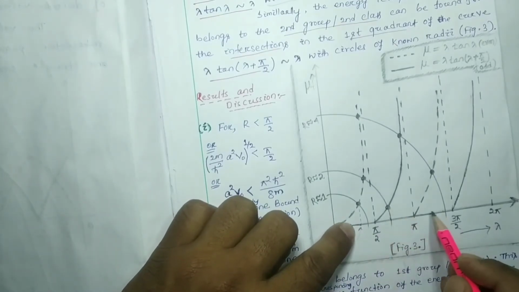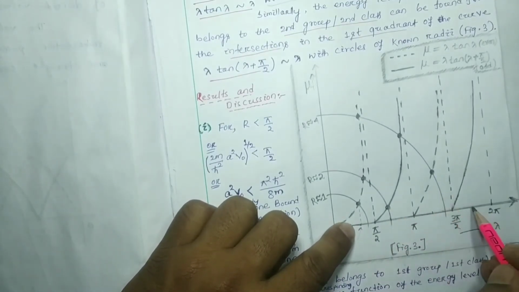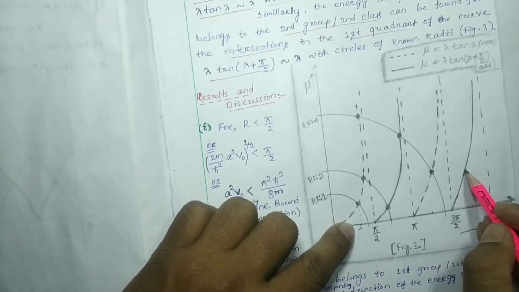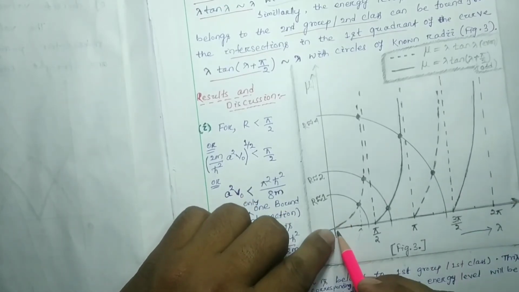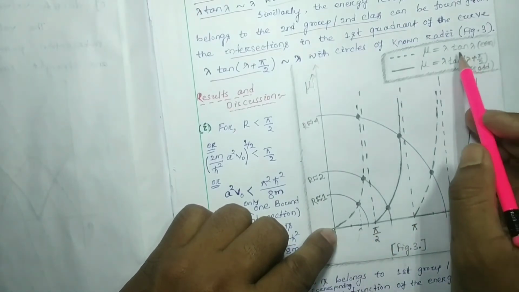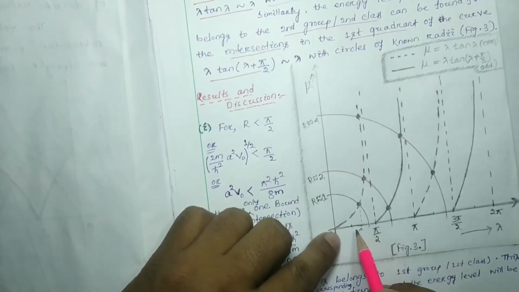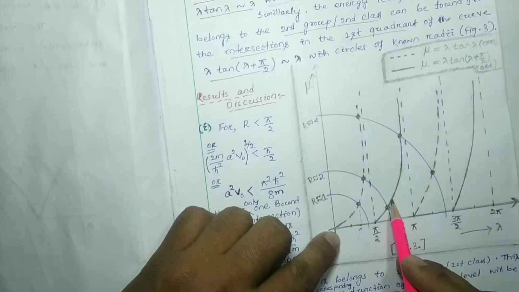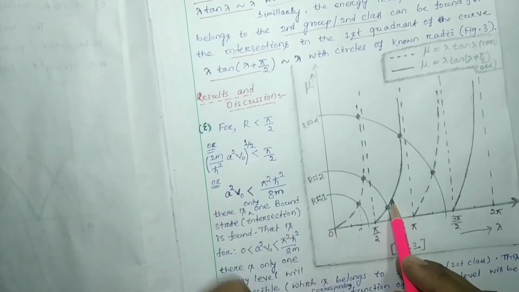For the next it increases, for the next it increases, because we know that from 0 to pi by 2, that means at pi by 4, whatever the magnitude of tan theta, at pi by 4, 2 pi by 4, 3 pi by 4, the magnitude of tan theta will be the same.